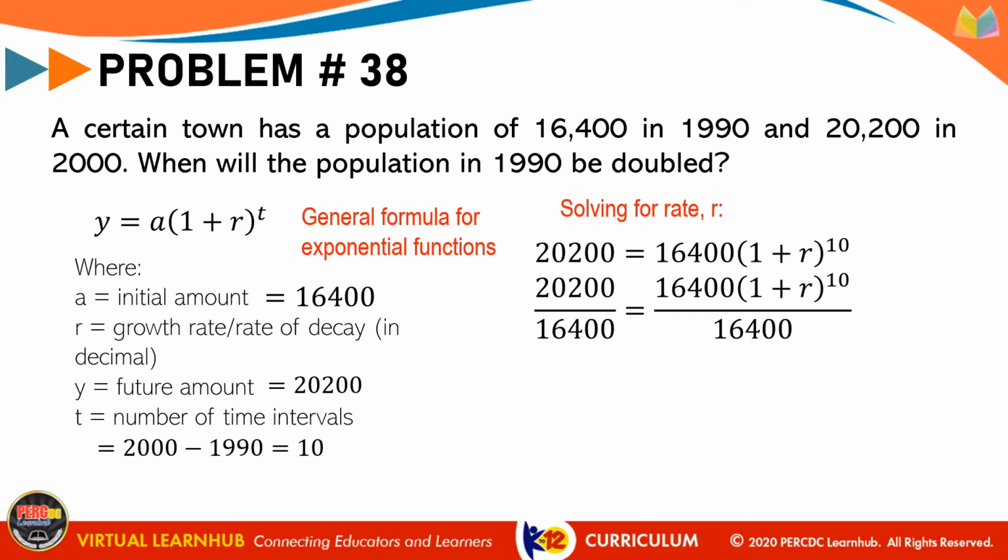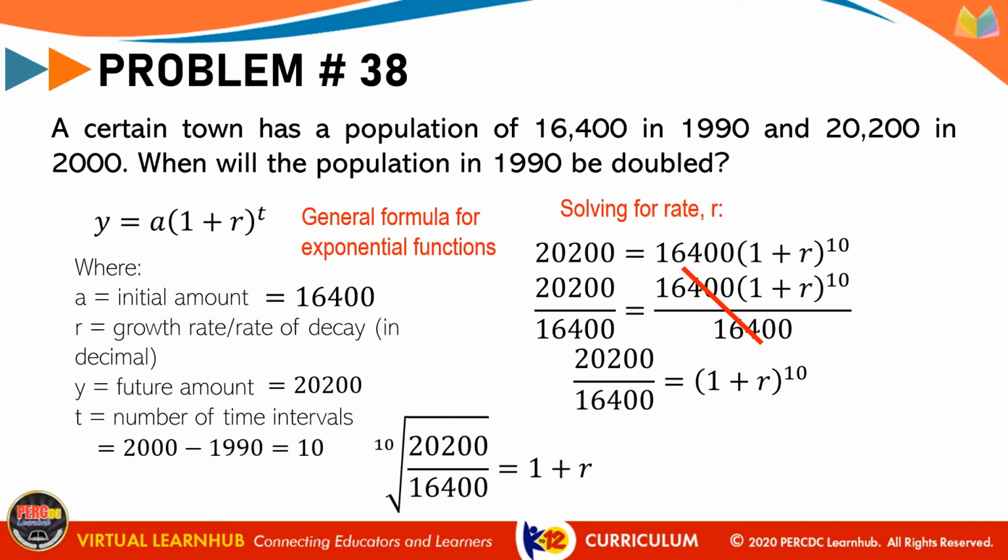We will divide both sides by 16,400, and that will give us 20,200 over 16,400 equals (1 plus r) raised to 10. Taking the 10th root of both sides, that will give us the 10th root of 20,200 over 16,400 equals 1 plus r. Therefore, r equals the 10th root of 20,200 over 16,400 minus 1, and that is equal to 0.0211.